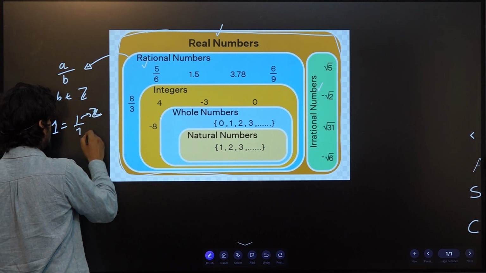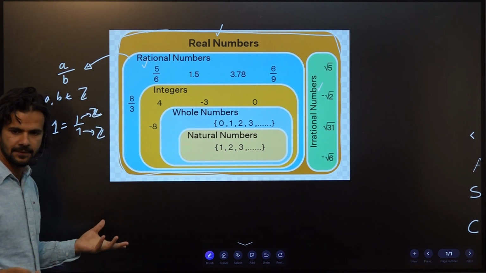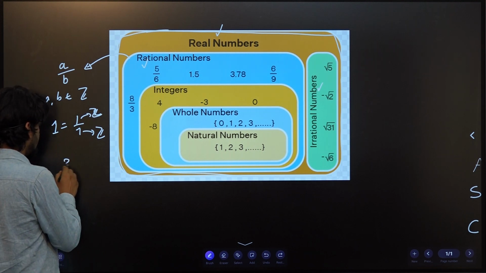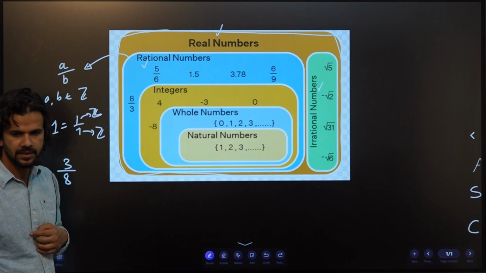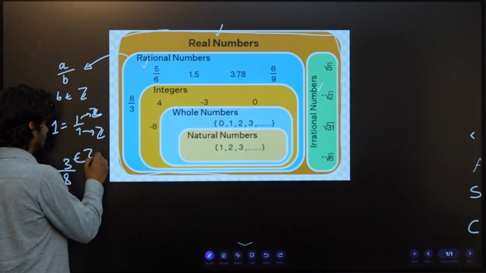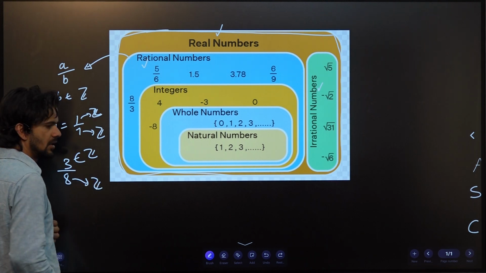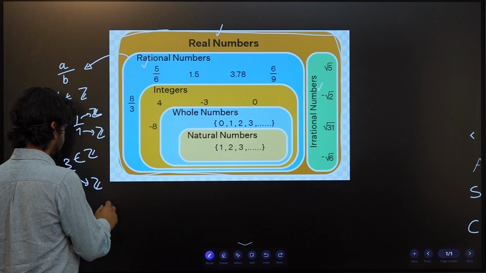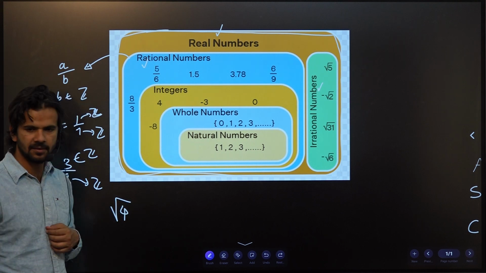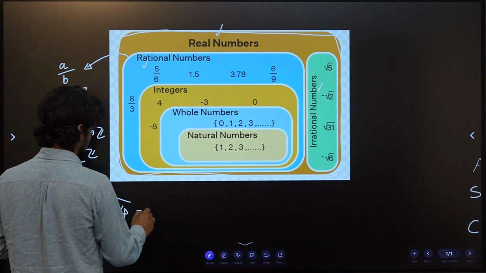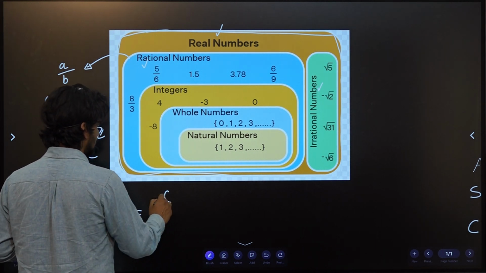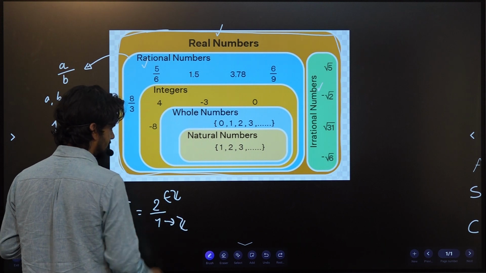Both belong to integers. Similarly, 3 upon 8 is a rational number because 3 and 8 are integers. Similarly, root 4 is rational because root 4 can be written as 2 divided by 1, and both are integers.